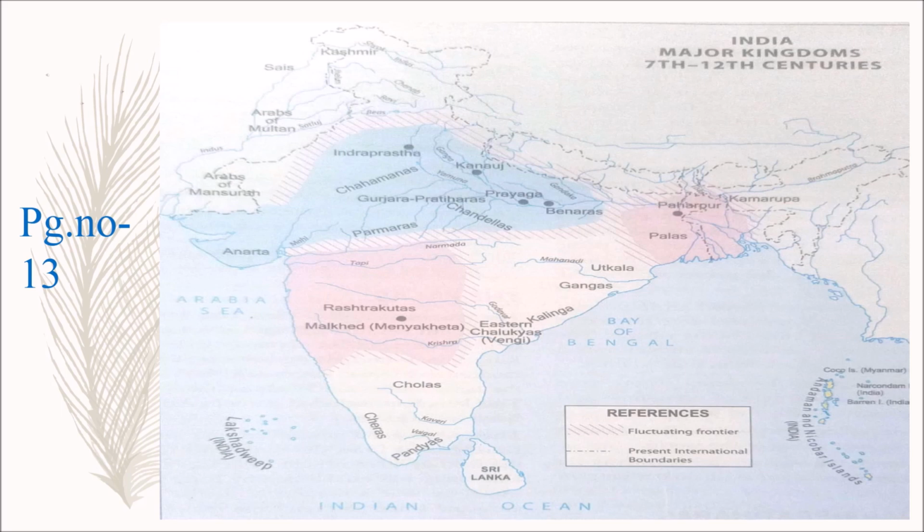Indraprastha is mentioned in ancient Indian literature as a city of the Kuru kingdom. Then Kanauj. Kanauj is located in Uttar Pradesh. Prayaga is also located in Uttar Pradesh. Finally, Benares. Benares is also located in Uttar Pradesh.